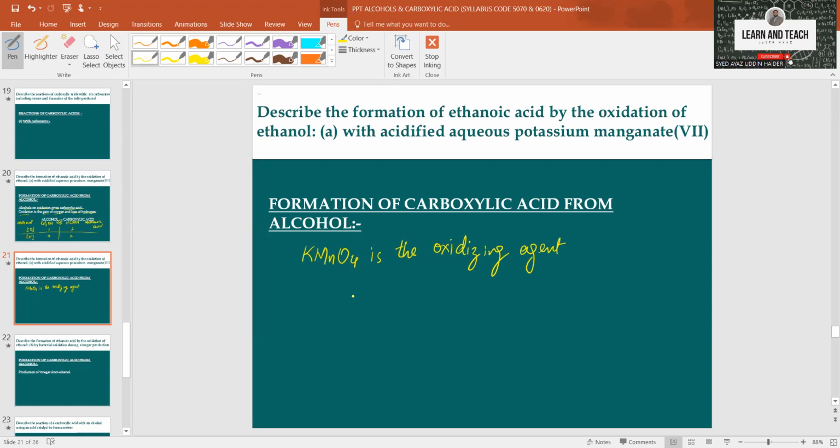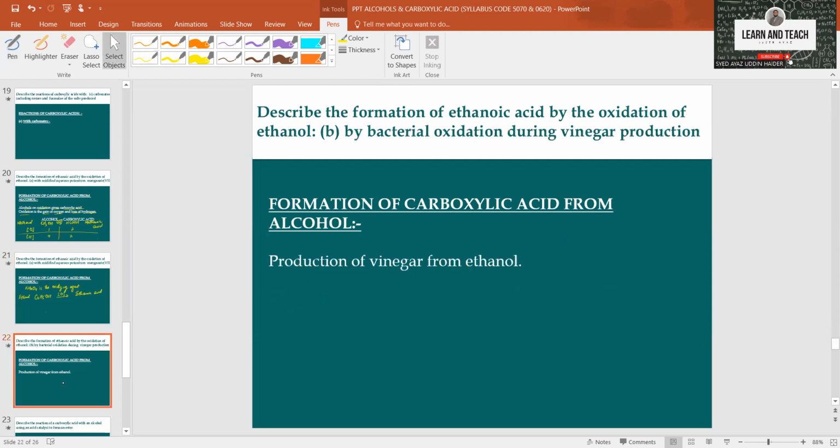Do the oxidation of ethanol. This is ethanol. Just writing the name of the product, you will get ethanoic acid. And count the number of oxygen and hydrogen atoms on both sides of the reaction.